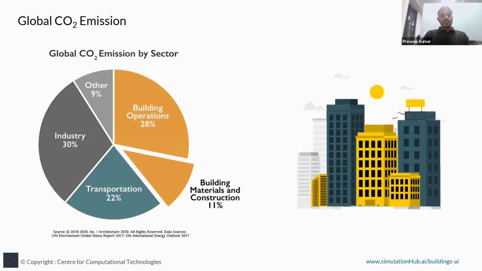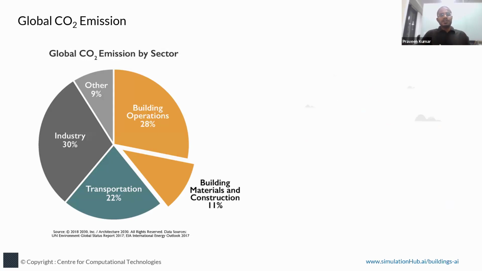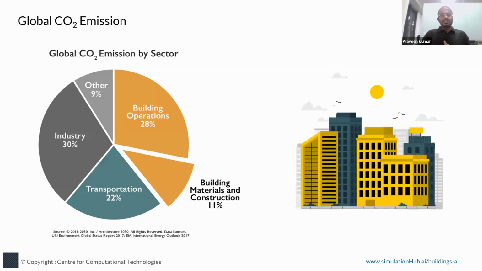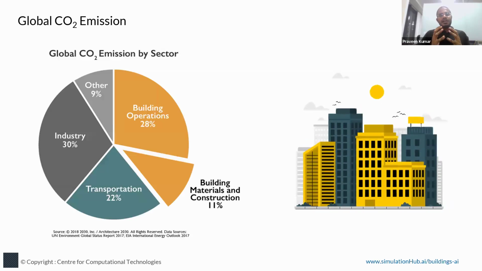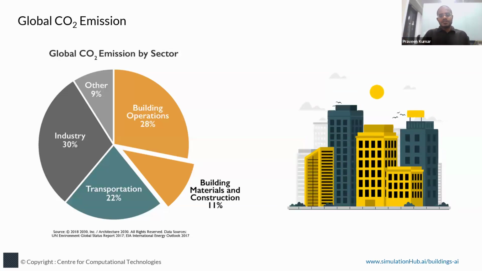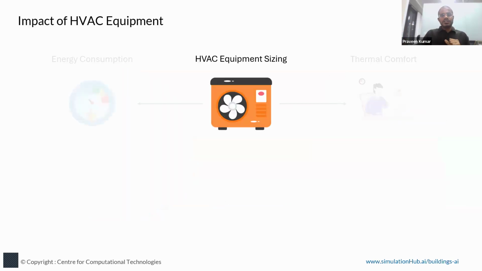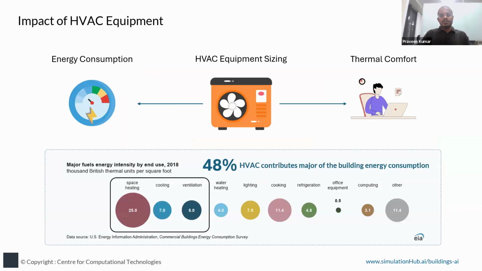I'll start with this. Yes, the biggest problem is carbon emission. Buildings play a major contribution, both on the operations and construction side. Operations mainly means energy consumption. Within building energy consumption, HVAC is the major contributor, almost 48% of the building energy consumption.